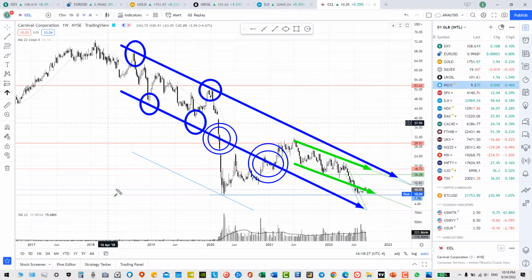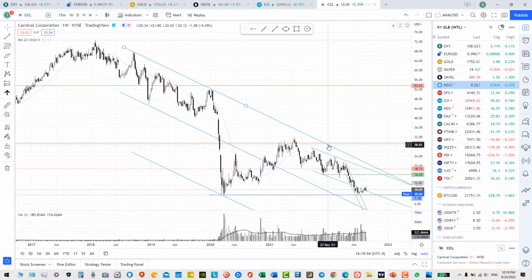And keep in mind, here it goes, the monthly resistances around the $30 mark, as well as the other monthly resistance around the $20 area. And you can notice that the stock is trading around $10, which means it is way far away from both resistances.